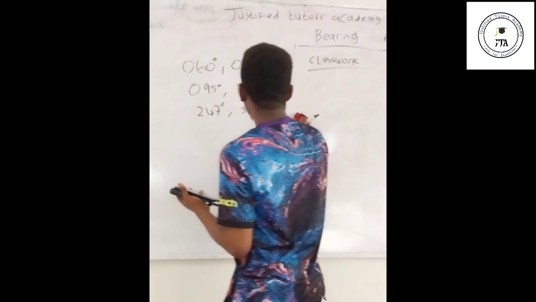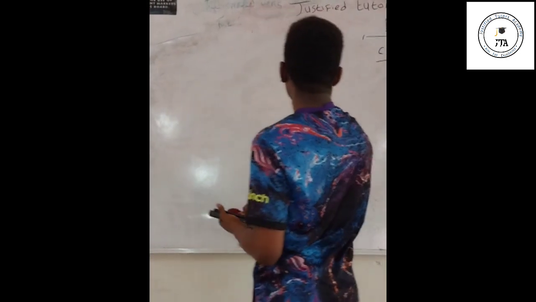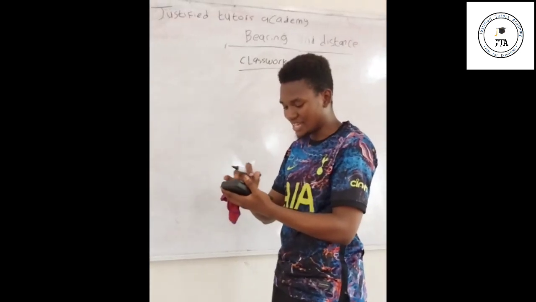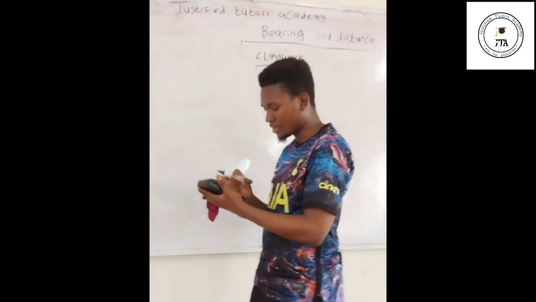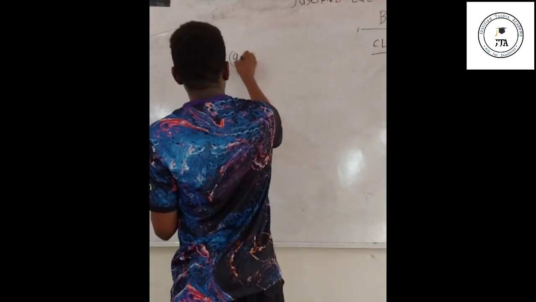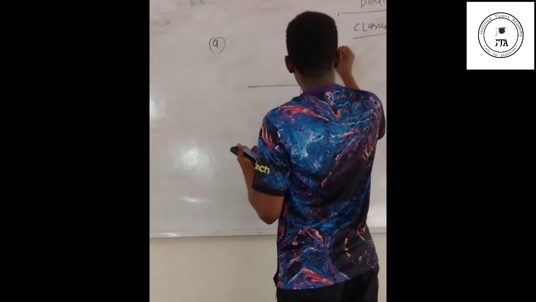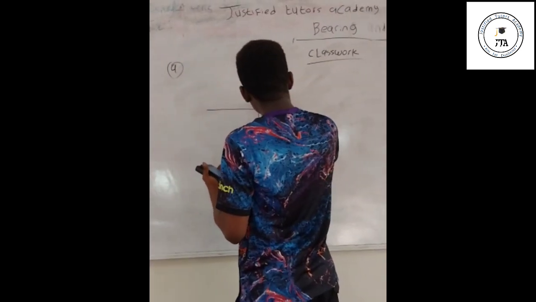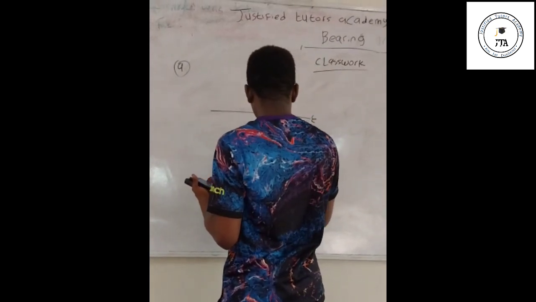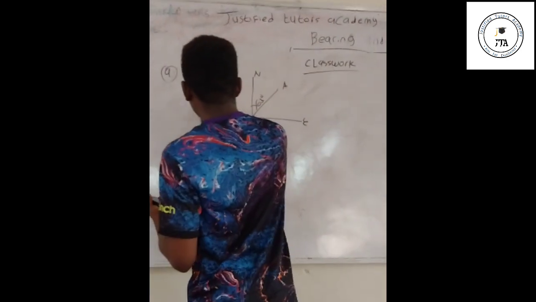So now, let's go straight to it. We've been mapping out these 3-figure bearings in our compass direction. So we are giving an example. We have A here, 63 degrees, then write north, east, south, and west.